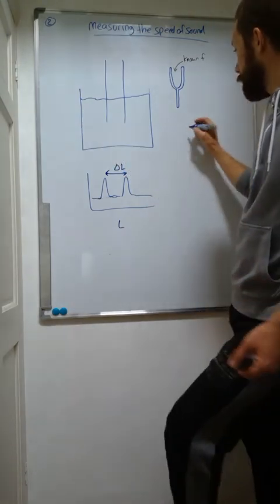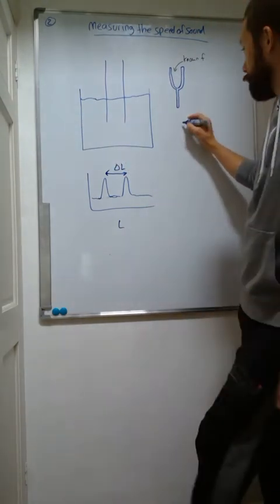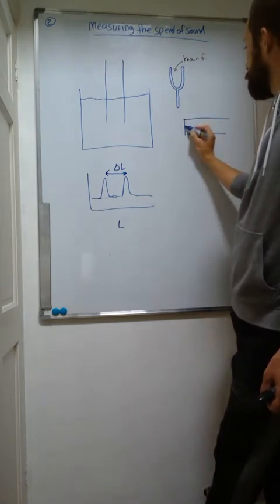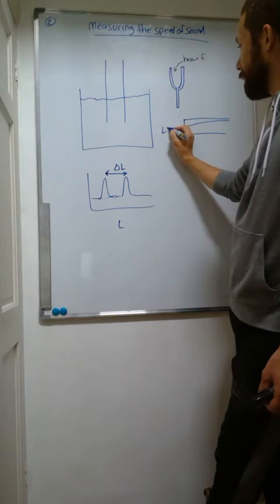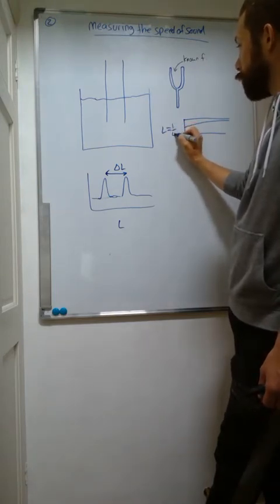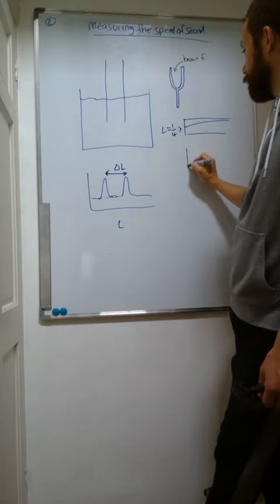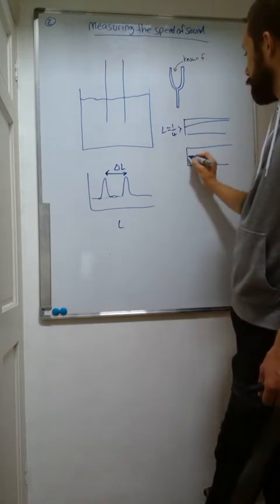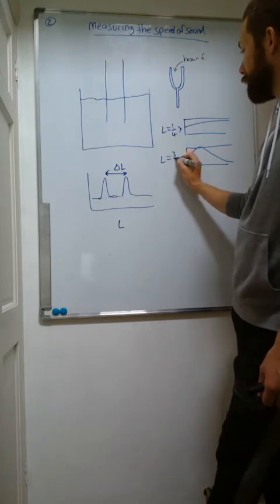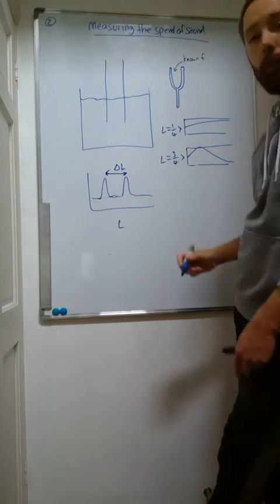If we draw these, for the fundamental we've got L equal to a quarter of a wavelength, and for the third harmonic, we've got L equal to 3/4 of a wavelength.